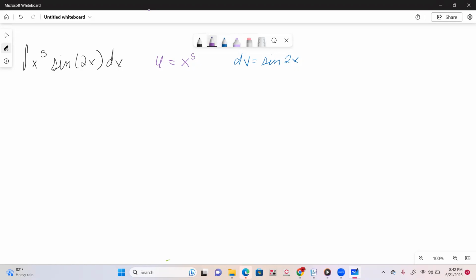So now we're going to start our tabular method. Let's make a table, as the name implies. Tabular, table, makes sense. Cool. We are starting with x to the fifth in this column, right?